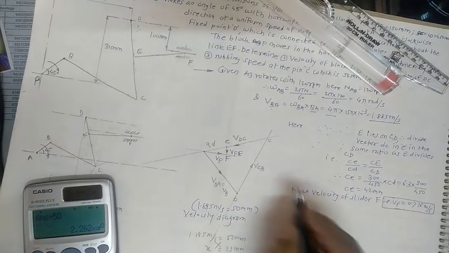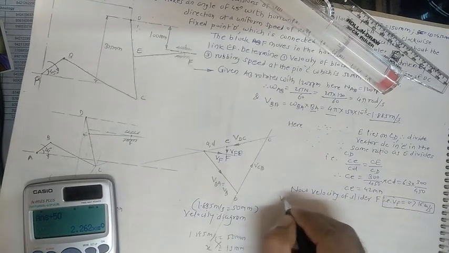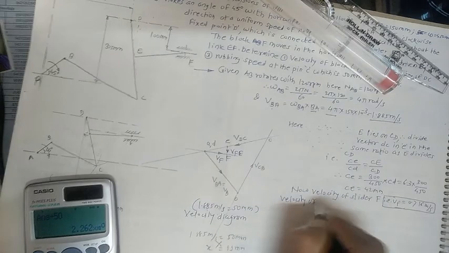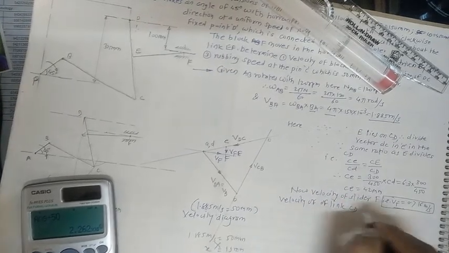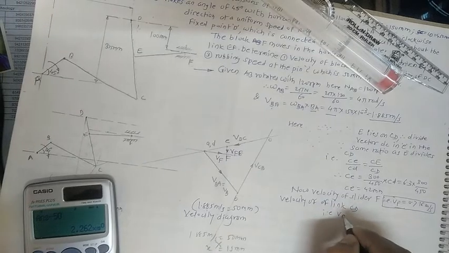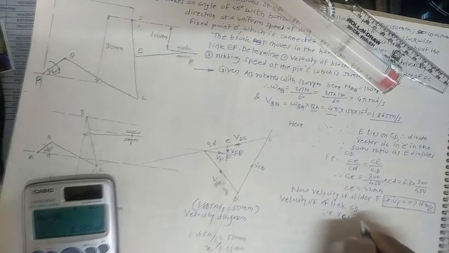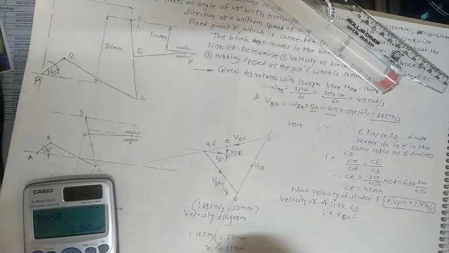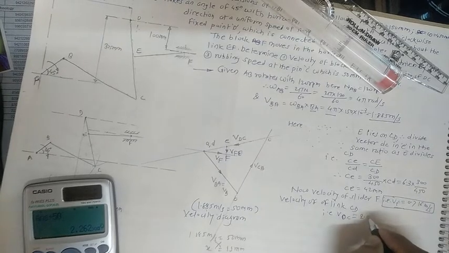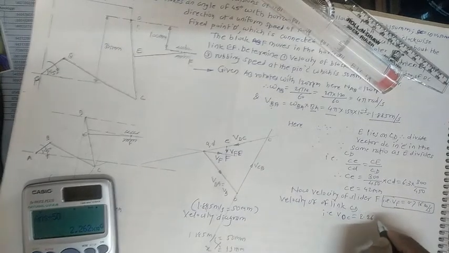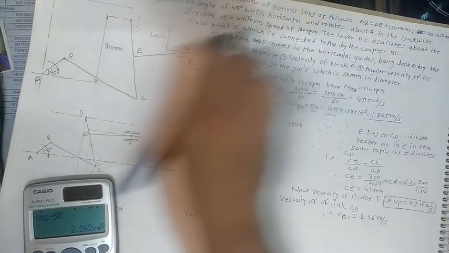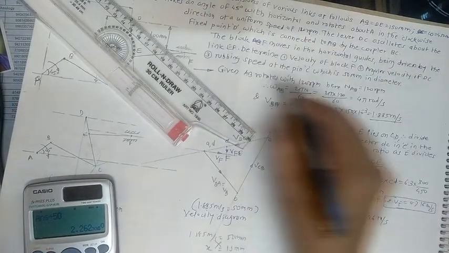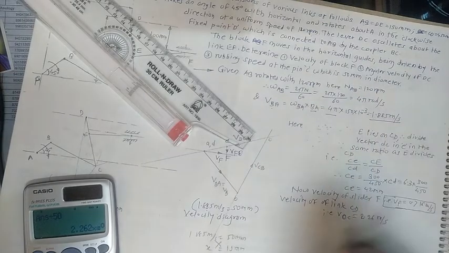By measurement, velocity of link CD, that is VDC, equals, by measurement and calculation, 2.26 meter per second.